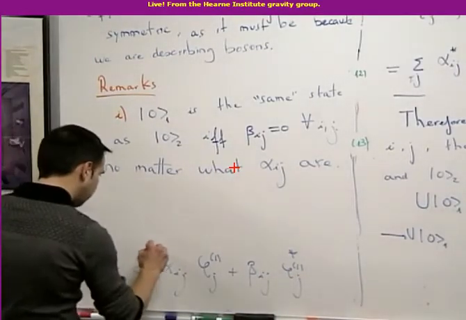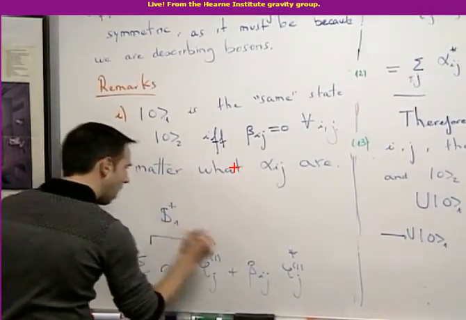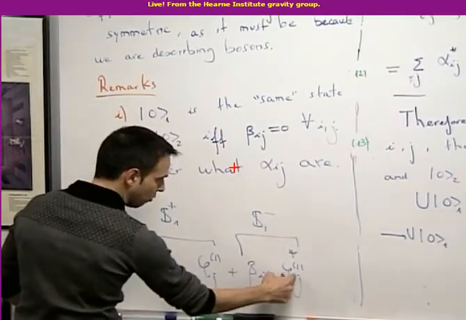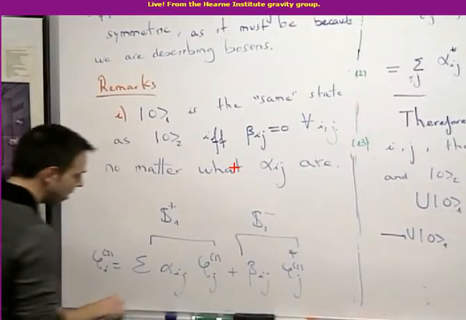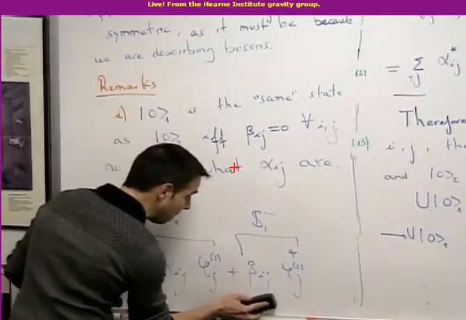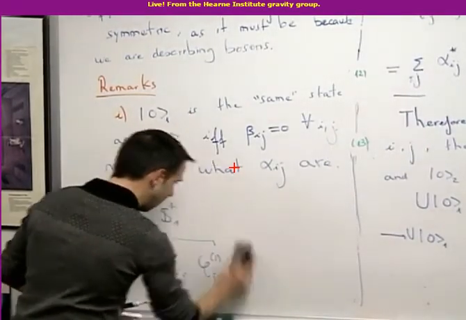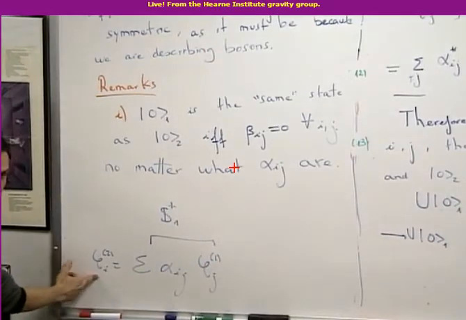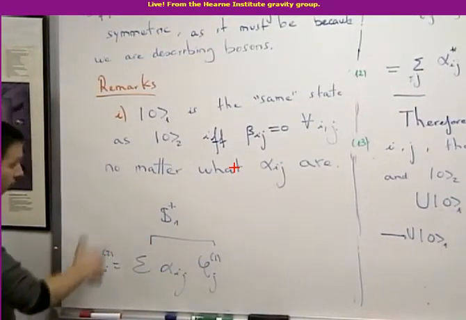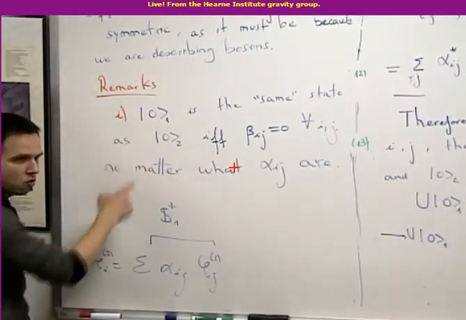This is the part that comes from S1 plus, and this is the part that comes from S1 minus, because this is the basis of minus, this is the basis of plus. So it is possible that the two bases are different, but still the betas are 0. So then if the betas are 0, what we are doing is just a change of basis inside S1. If we change the basis, betas are 0, alpha, vacuum 1 and vacuum 2 are the same.